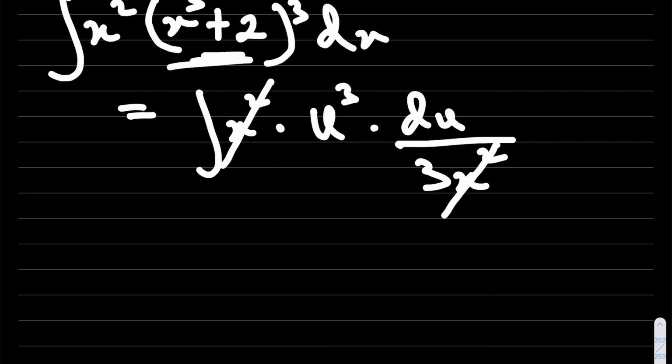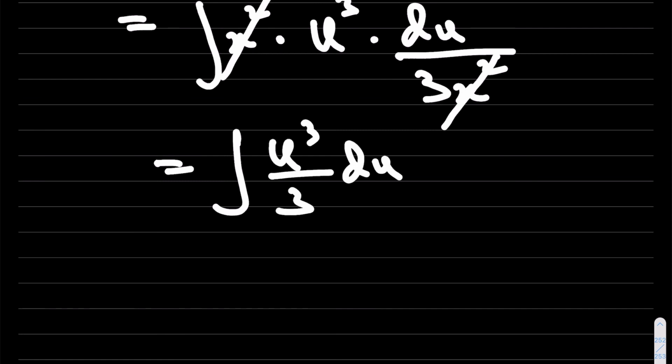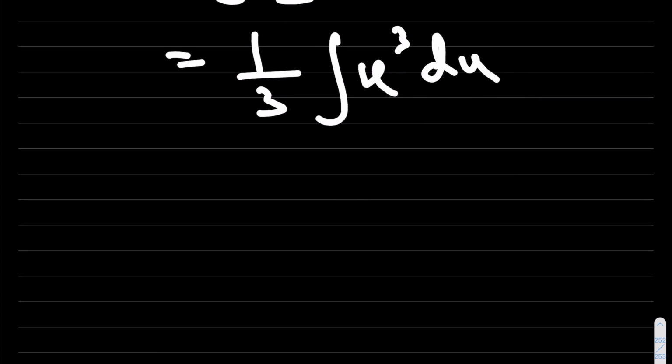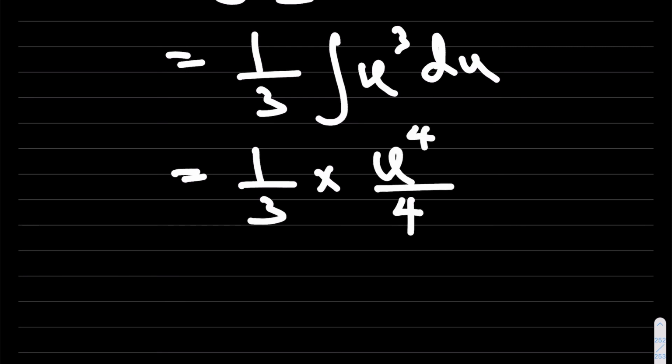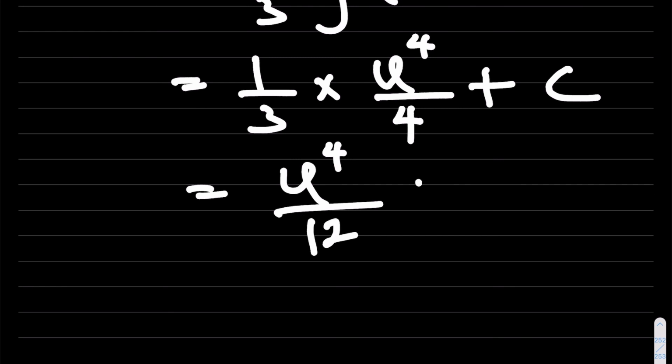Now 3x squared cancels x squared, and this becomes the integral of u cubed over 3 with respect to u, which I can also write as 1 over 3 multiplied by the integral of u cubed with respect to u. And that's the same as 1 over 3 times u raised to power 4 over 4 plus c, which simply means u raised to power 4 over 12 plus c.